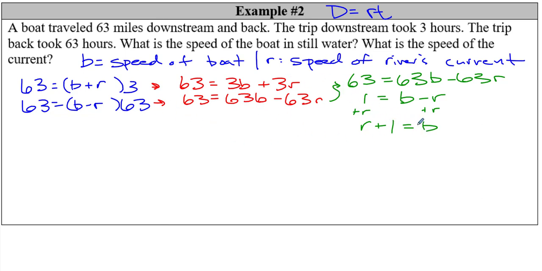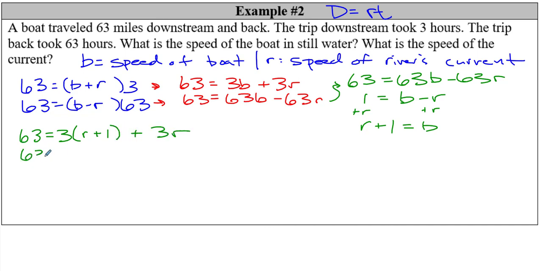Now that I have my variable b completely solved by itself, I can plug this into the other equation, right? I'm going to plug it into this top one. So here, let me do this in green. So I got 63 is equal to 3 times b, and b is r plus 1, plus 3r.